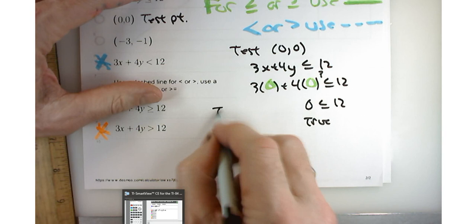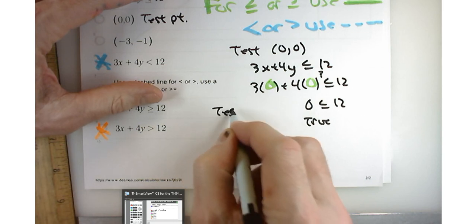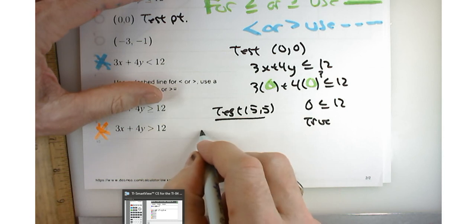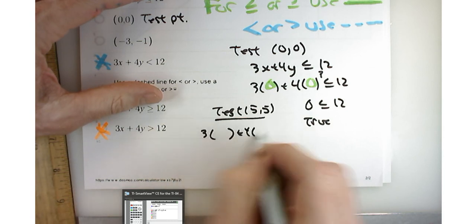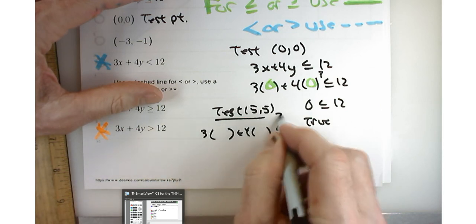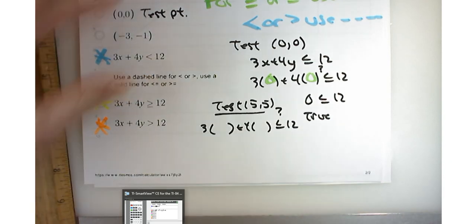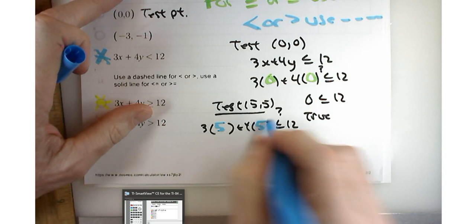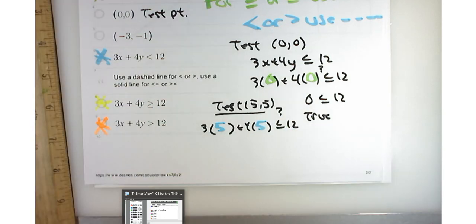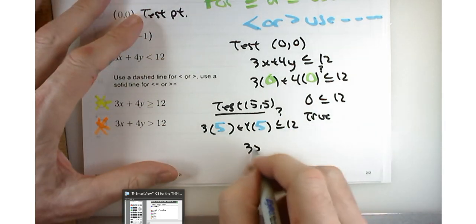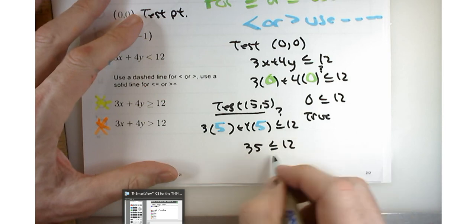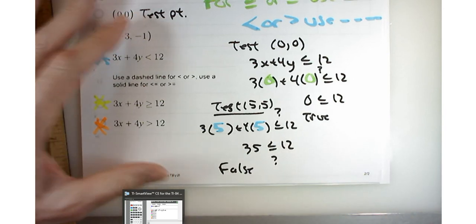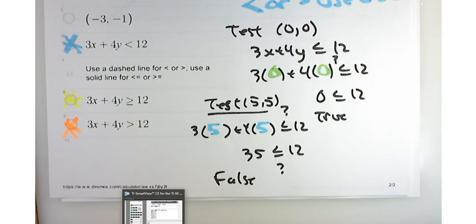So if I test 5 and 5, that's going to be 3 times 5 plus 4 times 5. Is that less than or equal to 12? Is that true or false? Is 35 less than or equal to 12? No. That's false.